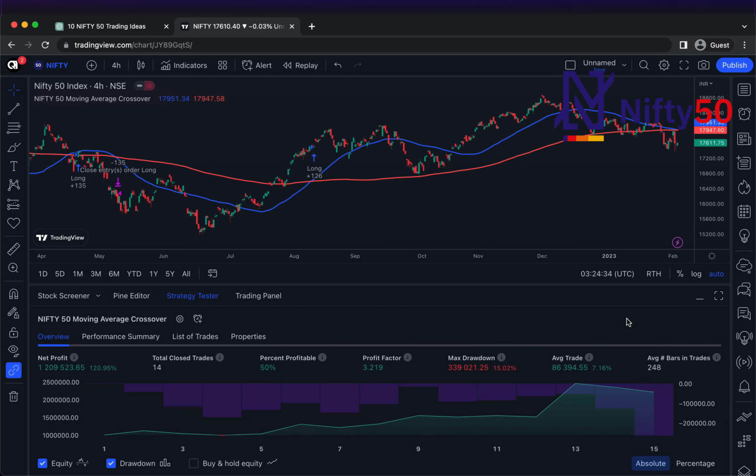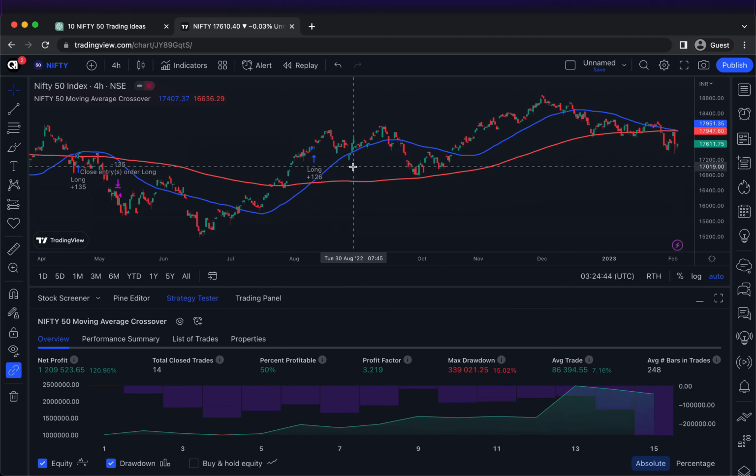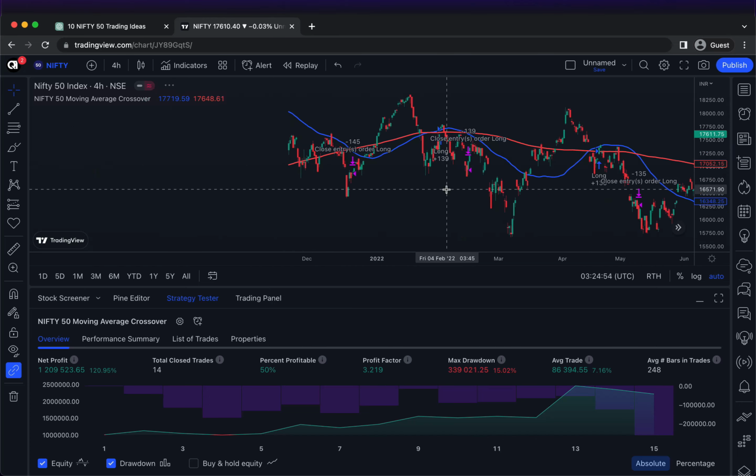And we're getting backtesting results straight away. Let's see. And we have 120%, which is not bad for the first strategy, which is just a simple moving average crossover strategy. And we can see how it's working, right? So we have the slow SMA, which is the red line, and we have the fast SMA, which is the blue line.